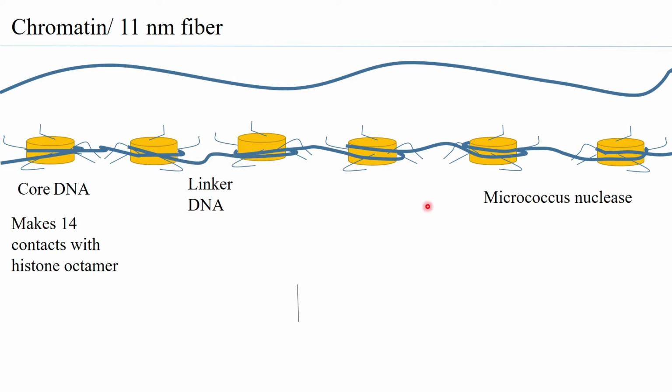A condensed DNA can be decondensed by treating it with salt, etc. The first experimental evidence for the bead-on-a-string structure, which is the chromatin, was found by treating the chromatin with nucleases, derived from micrococcus. So it was a micrococcal nuclease that was used.